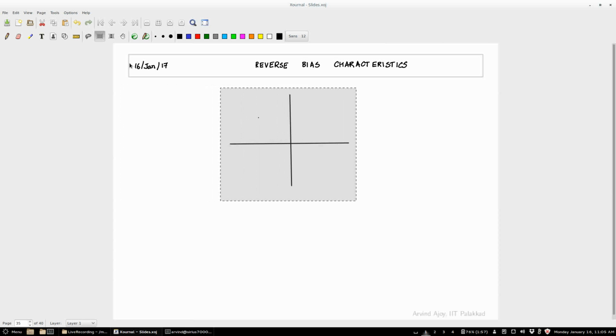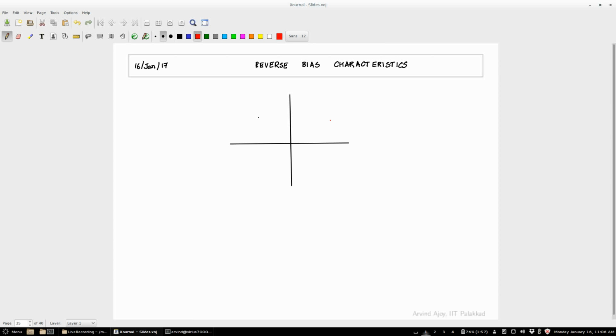So just to start, let's go back to the graph that we had. Okay. So I am not going to draw the forward characteristic, because if you draw the forward characteristic, then you cannot draw the negative characteristic showing enough information on the same scale, right?